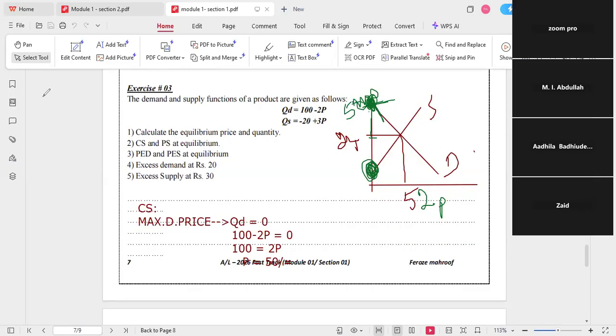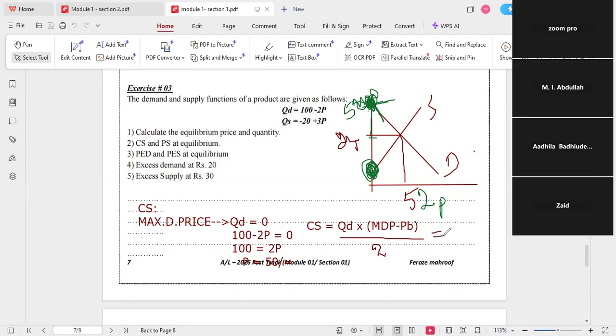Once the maximum demand price is found, then write the consumer surplus equation. Consumer surplus is equal to QD into maximum demand price minus buyer's price, over 2.